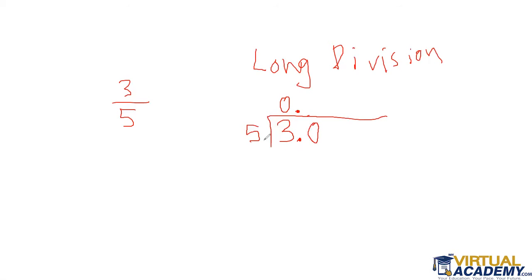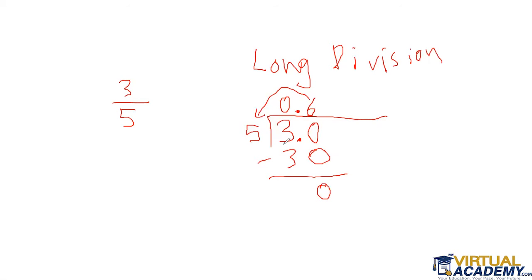So now we think of it as 30 divided by 5, okay? 30 divided by 5 is 6, all right? And then we multiply the 6 times the 5. 6 times 5 is 30. We then subtract, and we get 0, okay? So because we got 0, we're done.